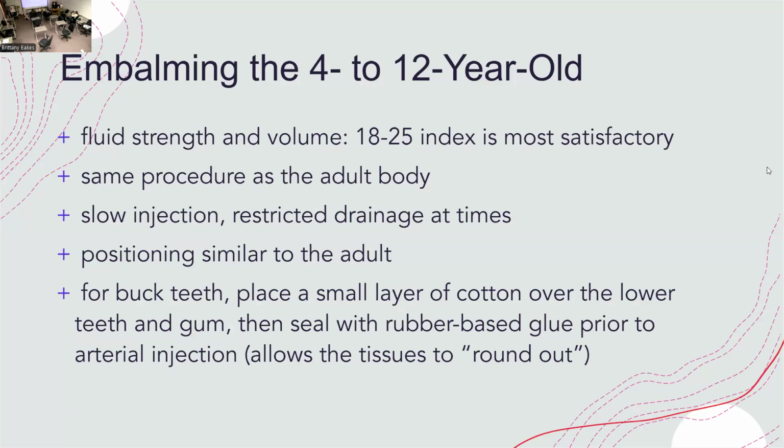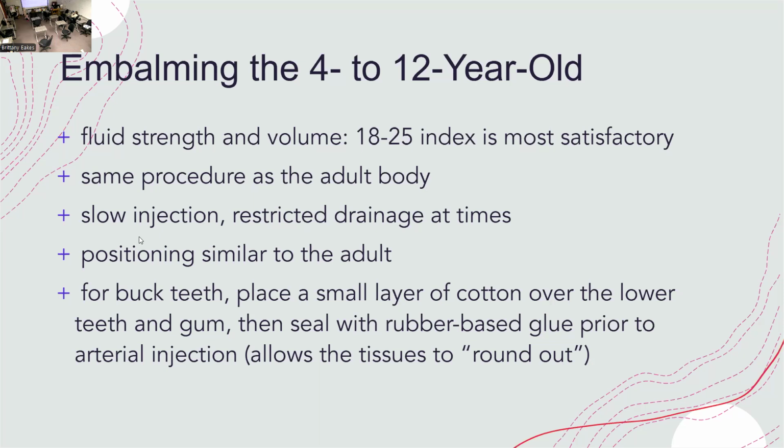For embalming a 4 to 12-year-old, typically it is the same as the adult. Fluid strength and volume, 18 to 25 index. Typically the same procedure as the adult body. Slow injection is used with drainage to help build up pressure to reach the tissues.